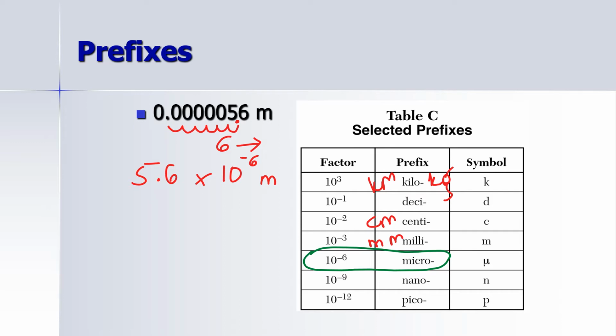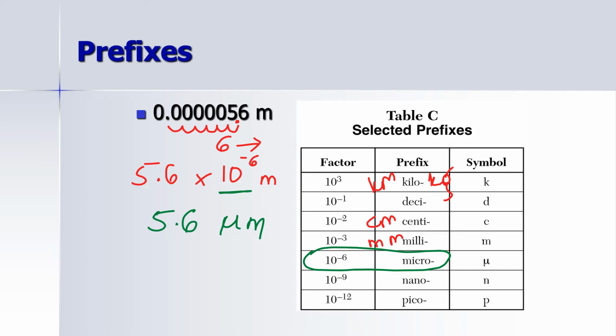All we can do here is write 5.6, that 10 to the power of negative 6 can be substituted by this micro, and then we can just have our meter with that. And there you go. We have an even smaller version to write that scientific notation. That's exactly what we use the prefixes for.